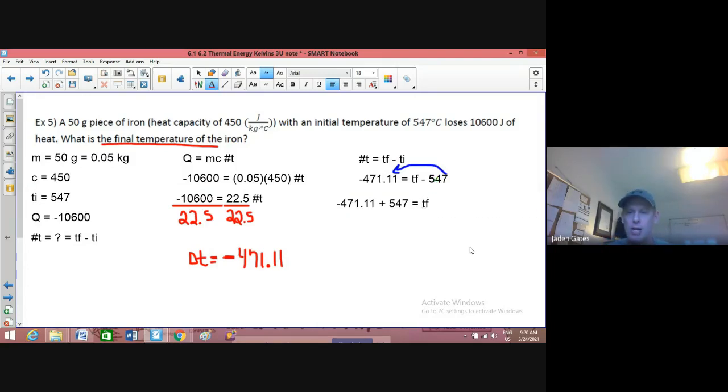All right, and so if I add them together, or you look at it as subtraction, one or the other, my final temperature here is 75.89 degrees, and because we're Canadians here, Celsius. And there we go. And obviously that is much lower than the 547 degrees Celsius.